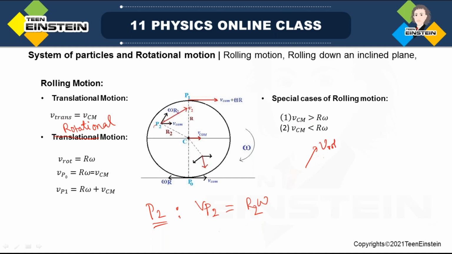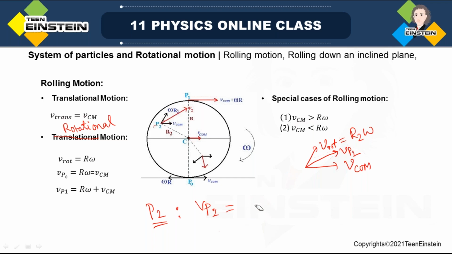One is v rotational, which is r2 into omega, and another is VCM, or VCOM, whatever you write. So what will be the resultant? It will be the sum of these, suppose VP2.